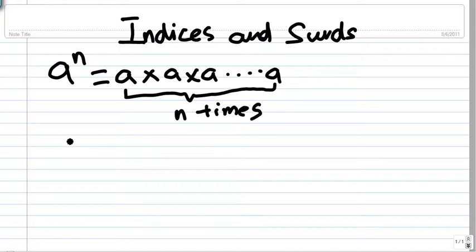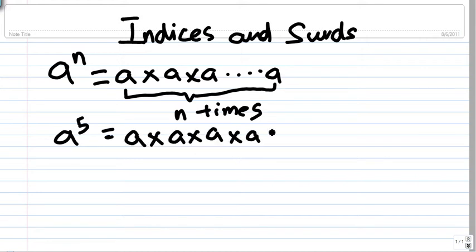So if you had a to the power of 5, what you actually have is a times a times a times a times a, 5 times.